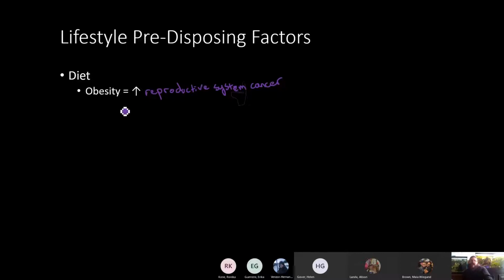Obesity is often a catch-all term in medical science based on the old BMI. As it turns out, obesity is sort of like a highly specific thing to each person. Each person has healthy weight ranges for themselves. And so when we say obesity increases your risk of reproductive system cancer, that would be whatever obesity is to your body system.